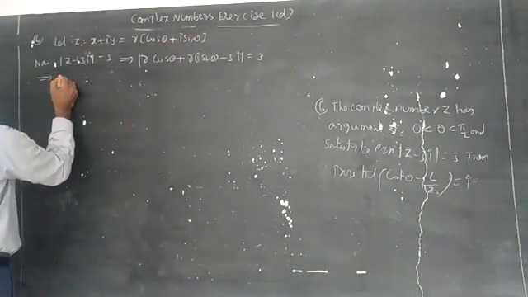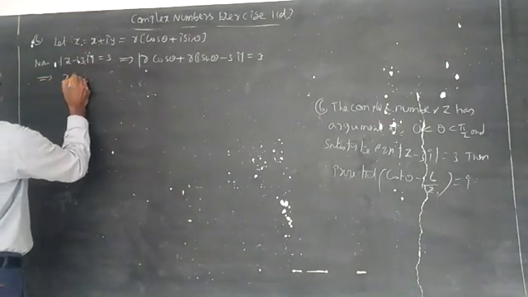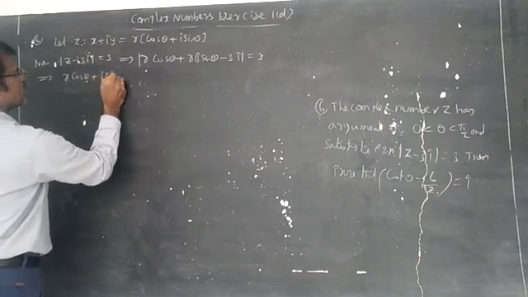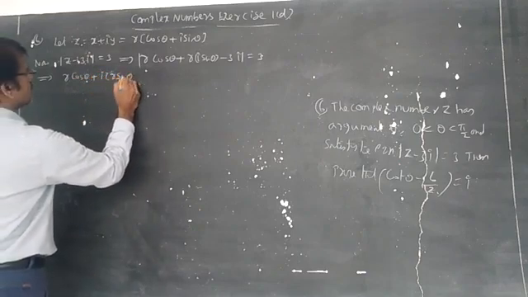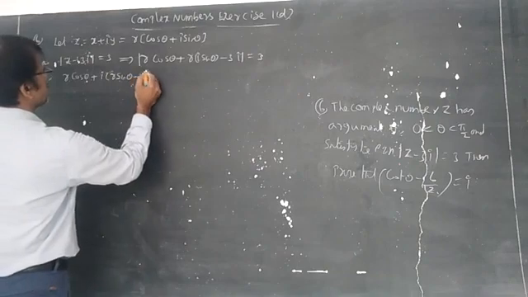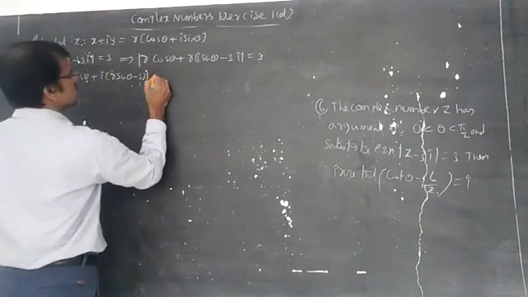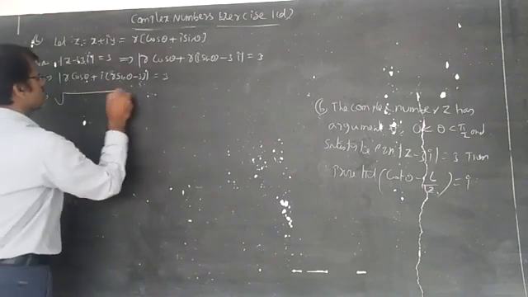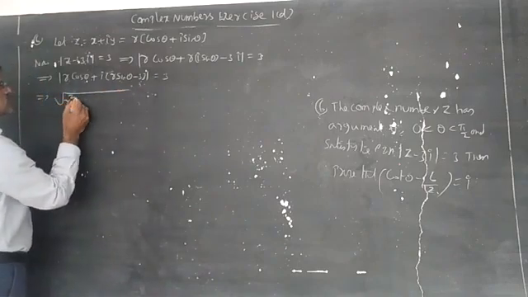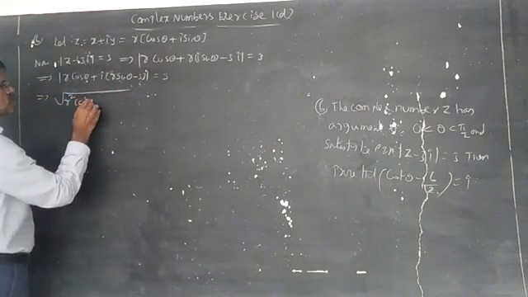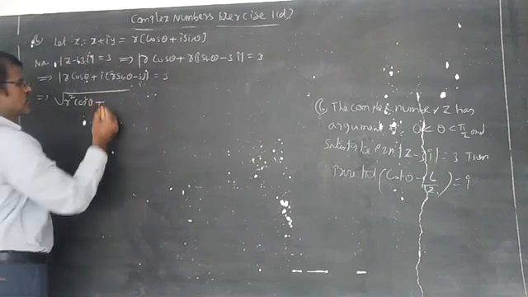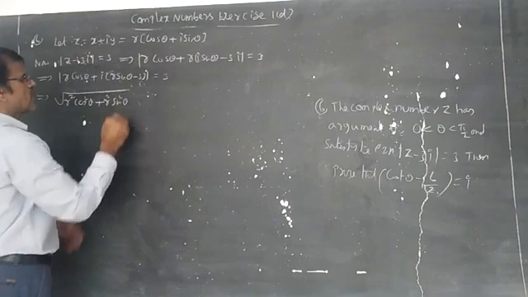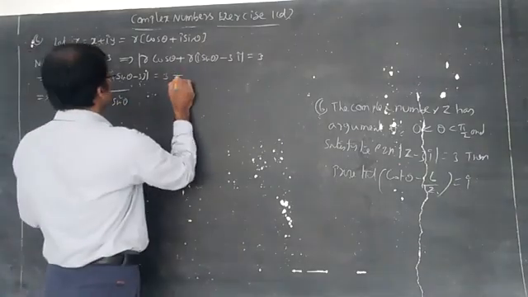Taking i common, r cos theta plus i times r sin theta minus 3, modulus is equal to 3. Modulus means root of real component square plus imaginary component square.